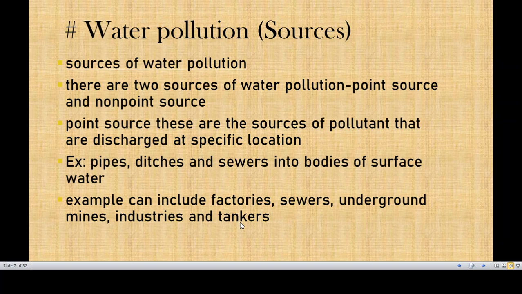And if they ask how many causes of water pollution are there, then it can go for a number of causes. Okay, so पहले हम sources देखेंगे, बाद में हम causes देखेंगे, so it becomes easy for you people to understand.